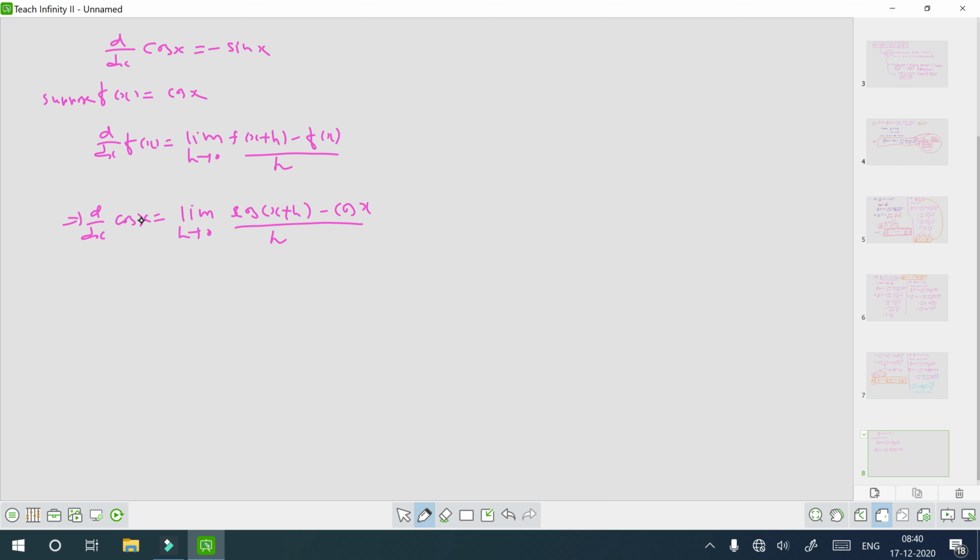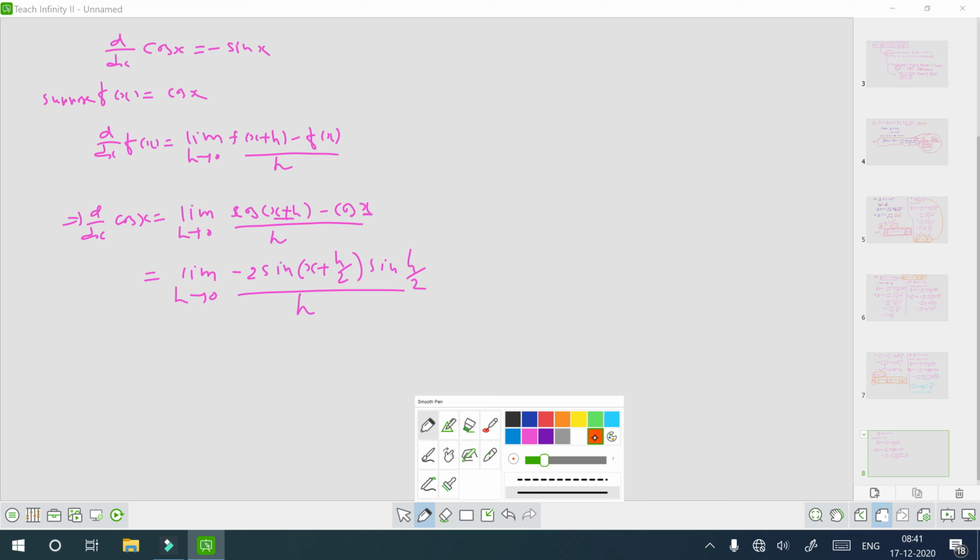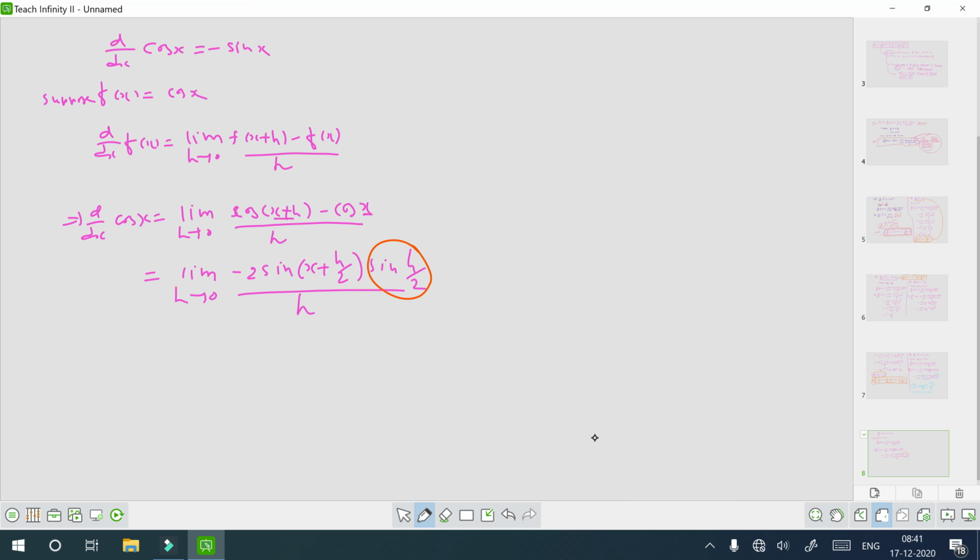Yes or no? Yes. So that is equal to limit h tends to 0. Now cos minus cos is minus 2 sin of the sum of these two numbers by 2, into sin of the difference of these two numbers by 2, that comes out h by 2 over h. Once again, here sin h by 2 is there.